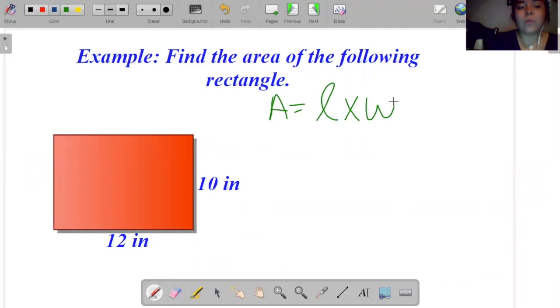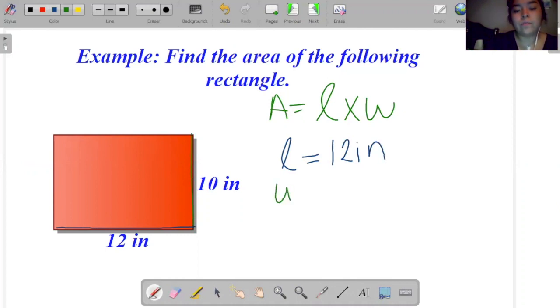So now let's find our width and our length. So the length is equal to 12 inches. And our width is equal to 10 inches. So now let's plug it into our formula.